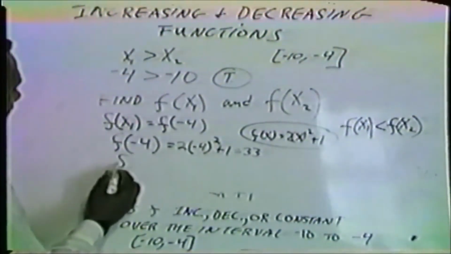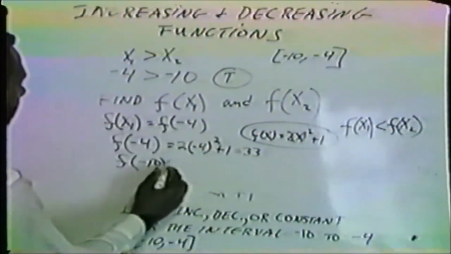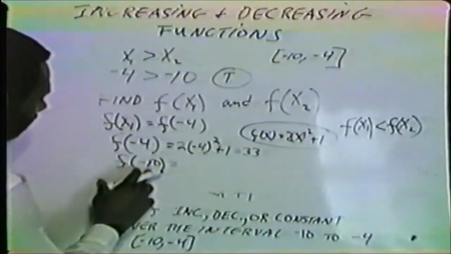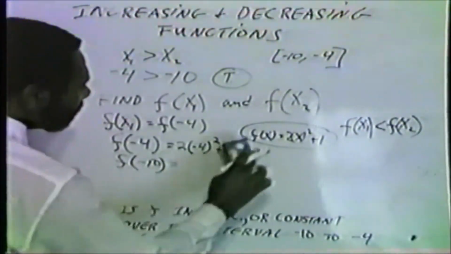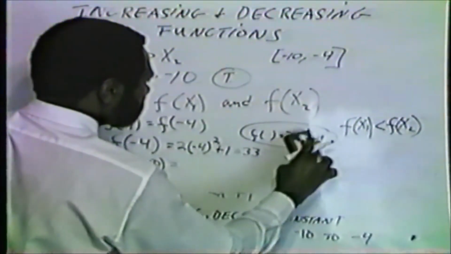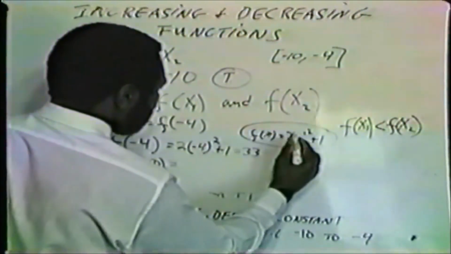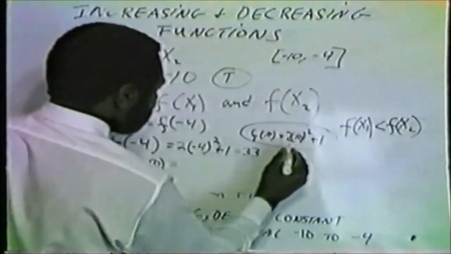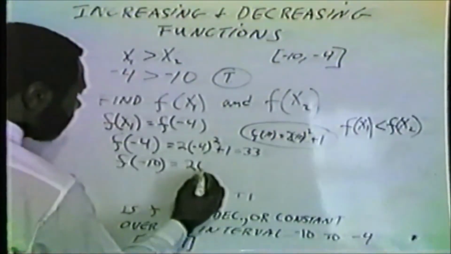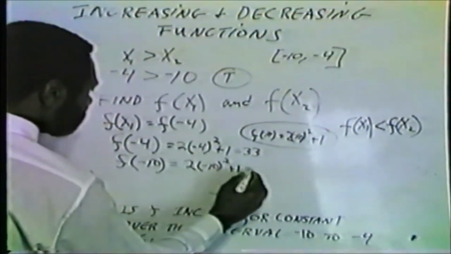Now we find f of negative 10. To find f of negative 10, everywhere we have x in our equation, we substitute negative 10. This is how you find f of negative 10. So that gives us f of negative 10 equals 2 times negative 10 squared plus 1.